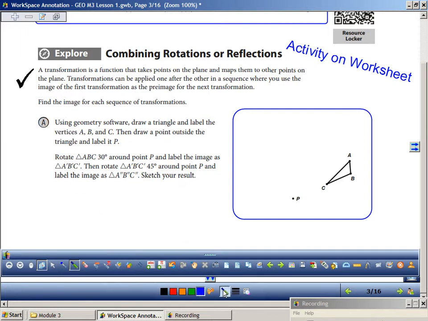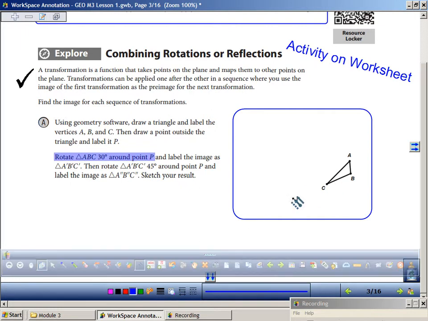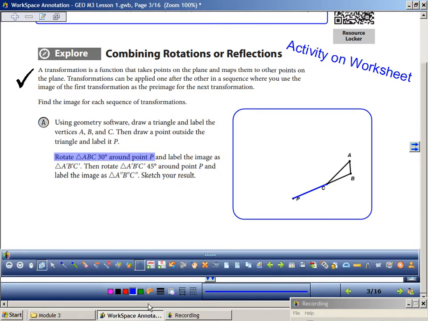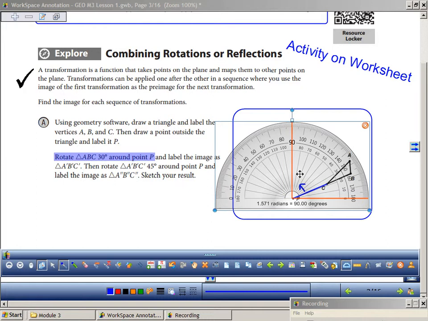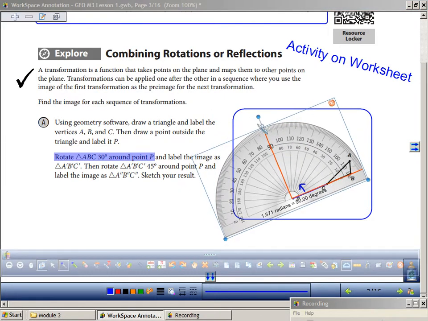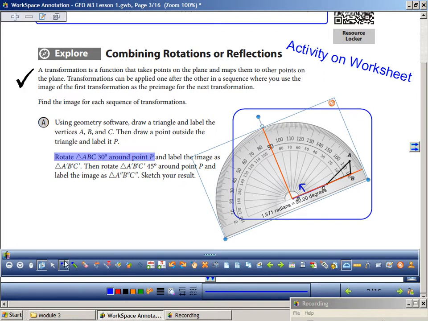30 degrees. So that's the first thing I'm going to do in blue. My first step is to draw a line from P to C. Then if I want to measure 30 degrees in this direction, I need to grab a protractor, line it up over here, and make a little mark.